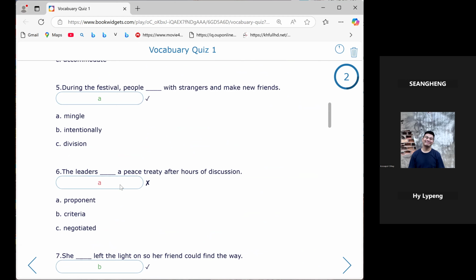Yeah, I think number six, maybe the shift word, they don't use negotiate again. Negotiate and discussion have the same meaning, right? It's similar. The leader negotiate a peace strategy after our discussion.